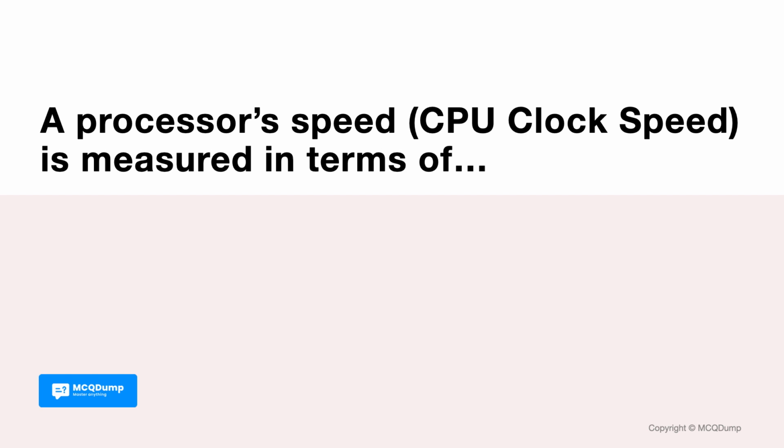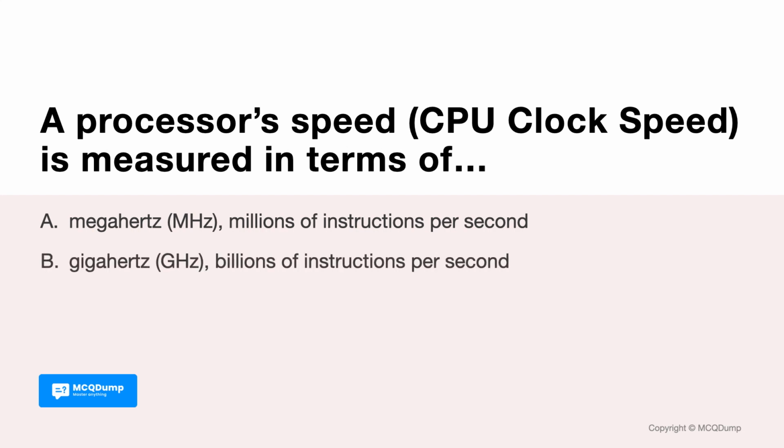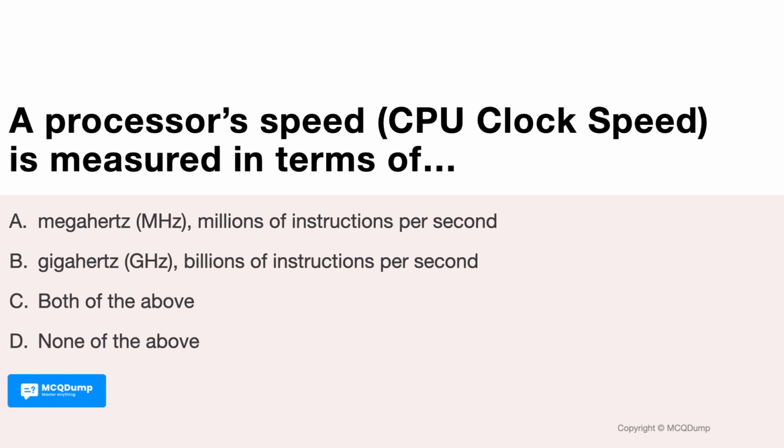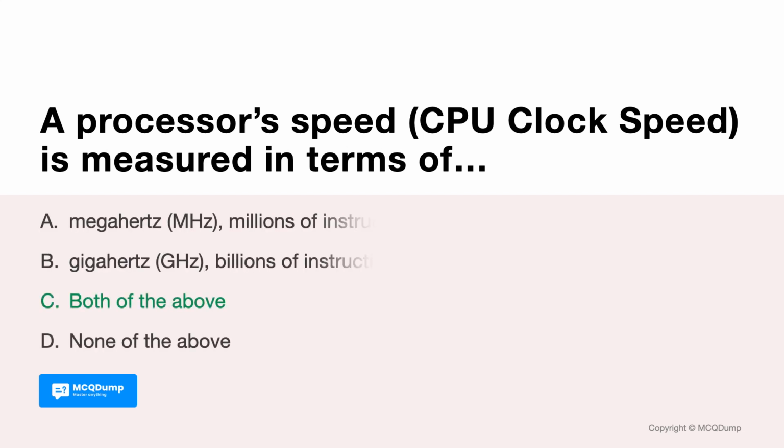Options are A. Megahertz, millions of instructions per second. B. Gigahertz, billions of instructions per second. C. Both of the above. And D. None of the above. Answer is C. Both of the above.